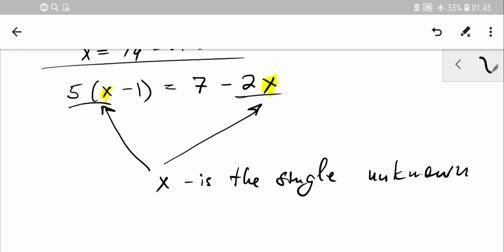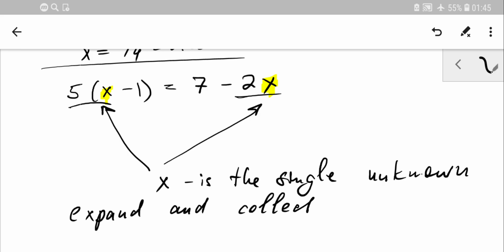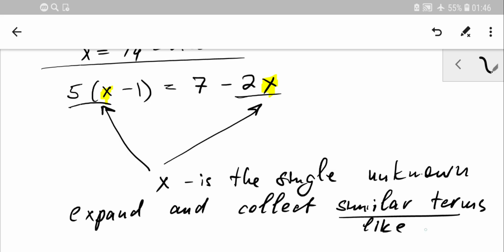For example, here 5x, and here on the right side 2x with a negative sign. How to cope with this sort of equation? First of all, you need to expand the brackets. Try to expand, and then collect similar terms, or what are called like terms, in one part, and numbers in the other part.